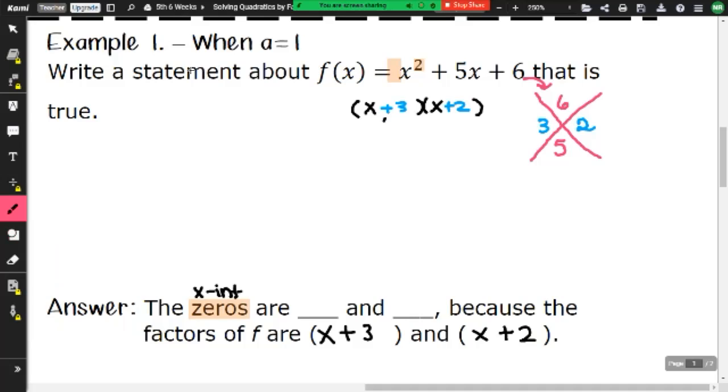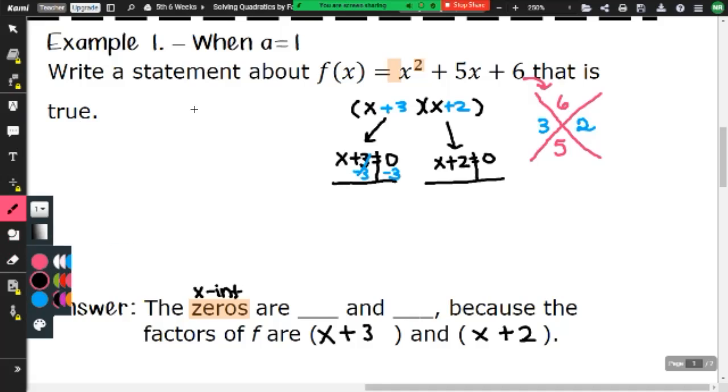So let's set each binomial equal to 0. x +3 equals 0. x +2 equals 0. One-step equation, nothing too difficult. Day 1, solving equations. Should have had it last year anyway. How do we move the 3 over? -3 on both sides.